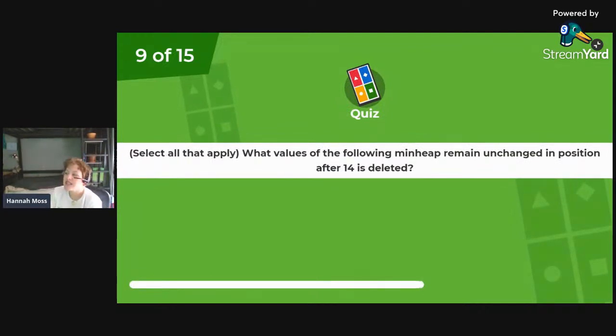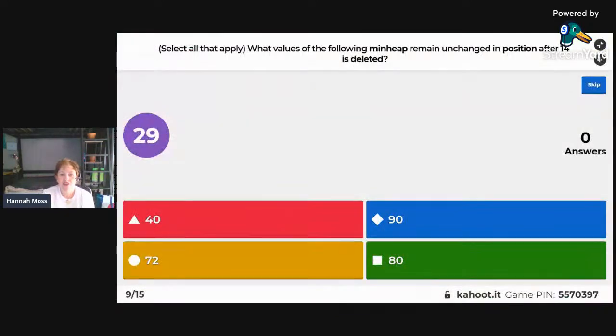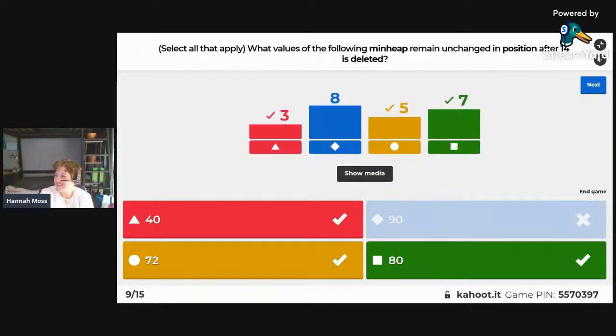Which values of the following min heap remain unchanged in position after 14 is deleted? We have 30 seconds on this one because it's a little bit of a tougher one. And remember, this is multiple select, so select all that apply rather than just one. And another pretty tough one. But 40, 72, and 80 all stay in the same position.